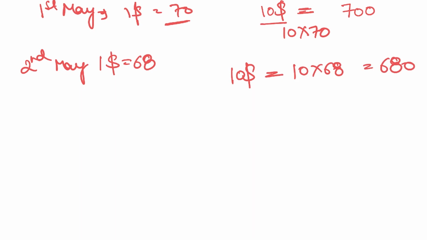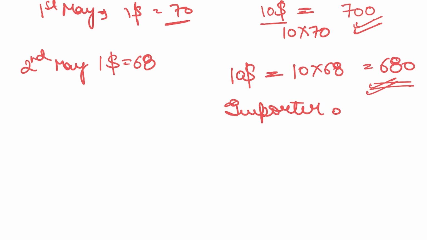So earlier, where the importer was clearing a bill of 700 rupees, now the importer is giving just 680. So the importer is in a beneficial position, because earlier he was paying 700 and now he's paying just 680. That means the importer is in a favorable position when the value of Indian currency appreciates.